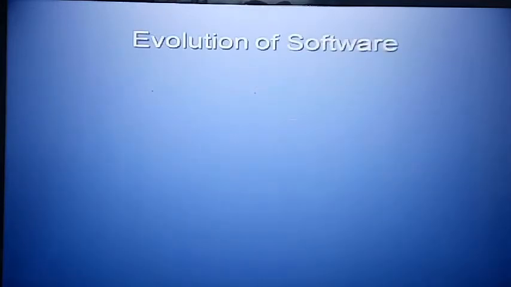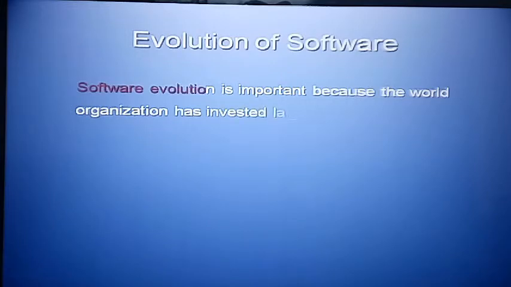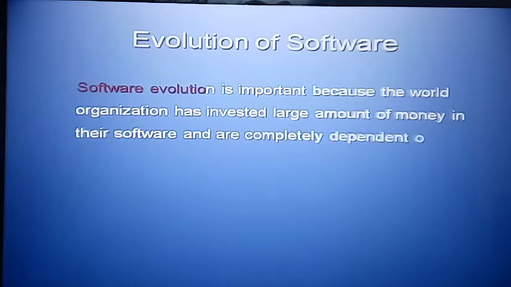First, evolution of software. The software evolution is important because the world organization has invested a large amount of money in the software and are completely dependent on this software. So can you, student, tell me what life without computer would be like?